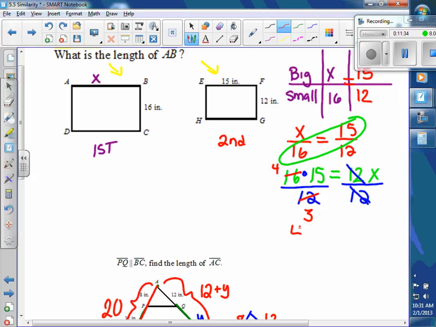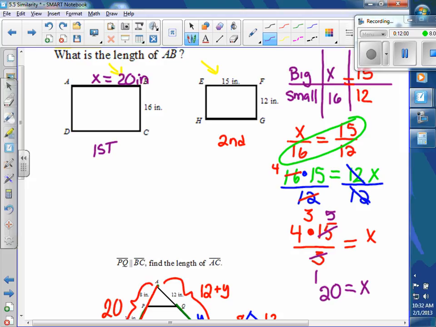So this is the same as 4 times 15 divided by 3. That's what's going to give us x. And you could say 3 goes into itself 1 time, 3 goes into 15 5 times. So our final answer is 4 times 5, which is 20. So up here, we know this is 20 inches.